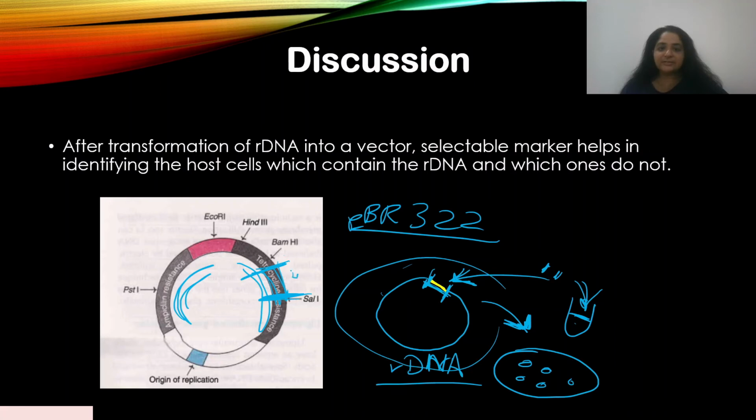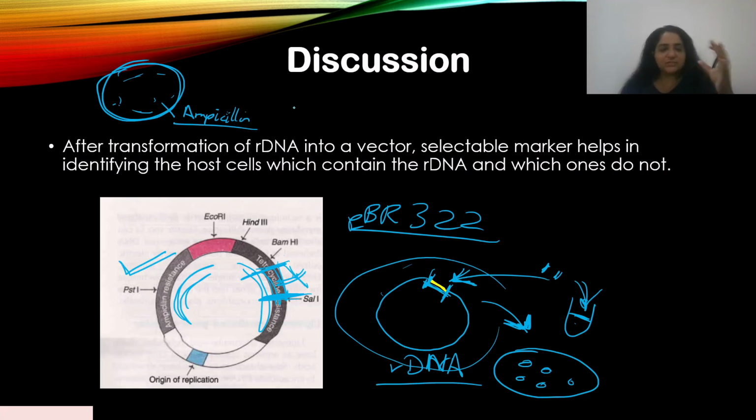Let's say I put a cross here for the inactive gene, and this one is active. When we culture on a plate, a petri dish, you put the medium in this petri dish and culture the E. coli cells here, allowing them to grow. This particular medium contains the antibiotic ampicillin, for example. You culture all the E. coli cells which you've transformed.